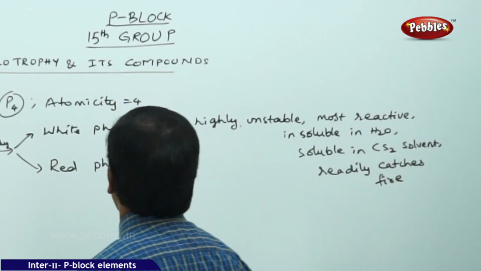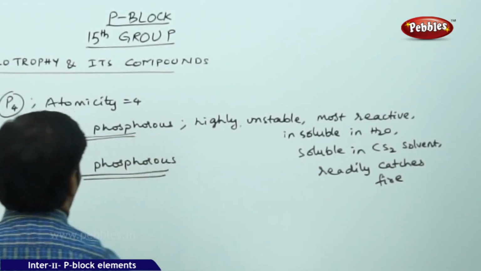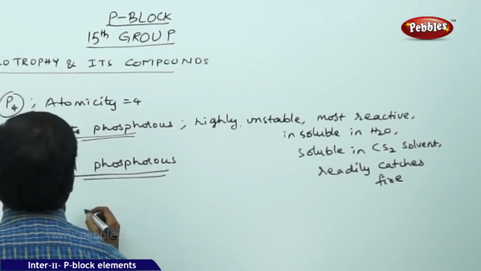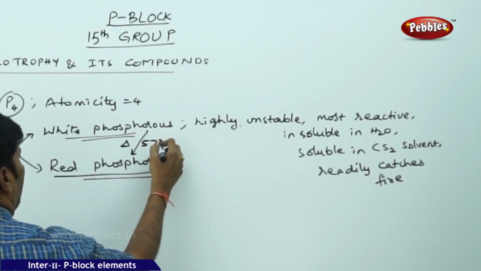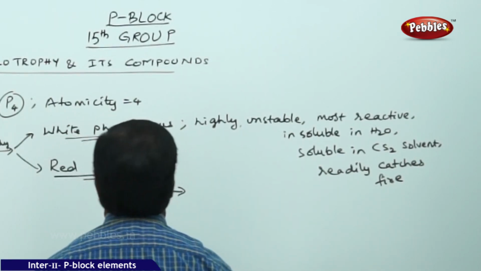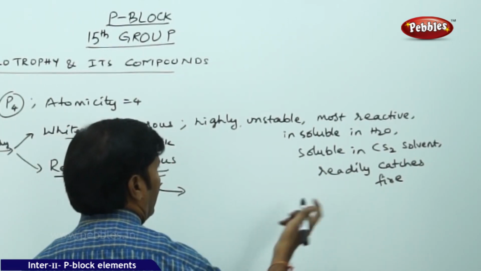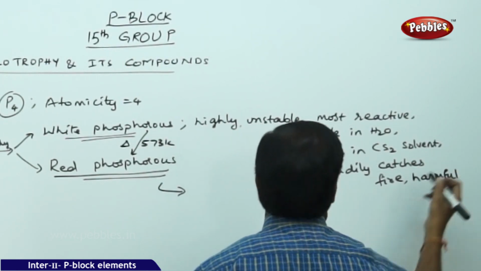And if you go for red phosphorus, it is obtained from white phosphorus by heating it to a temperature of 573 Kelvin. You can get red phosphorus. White phosphorus is very harmful in nature.